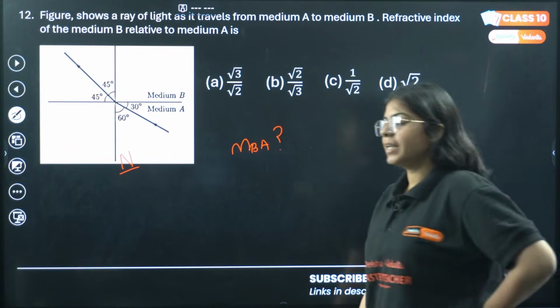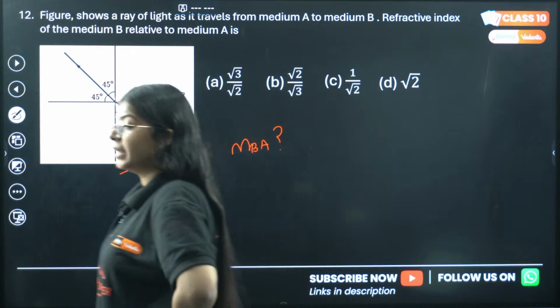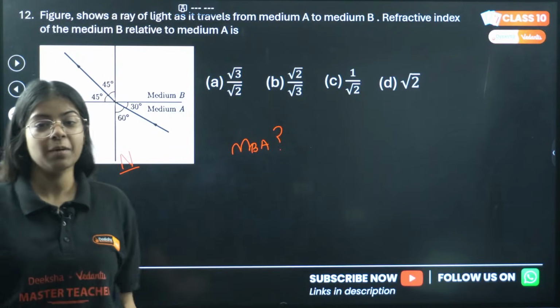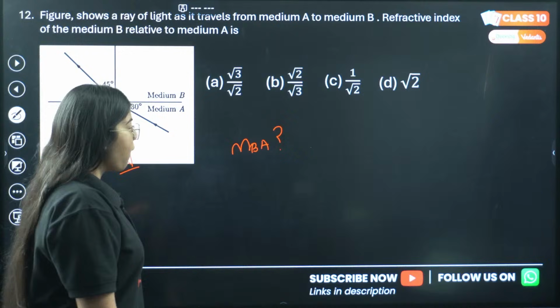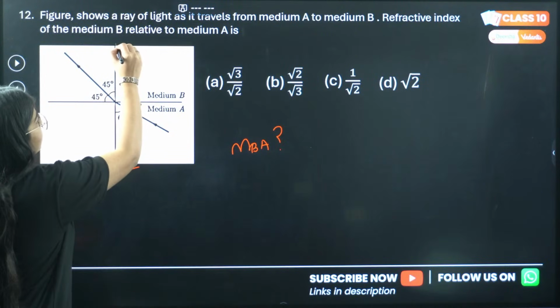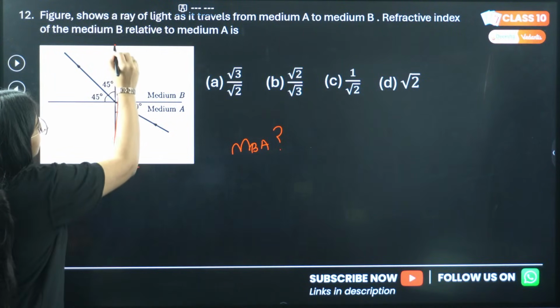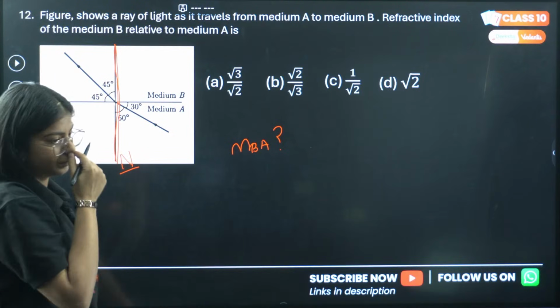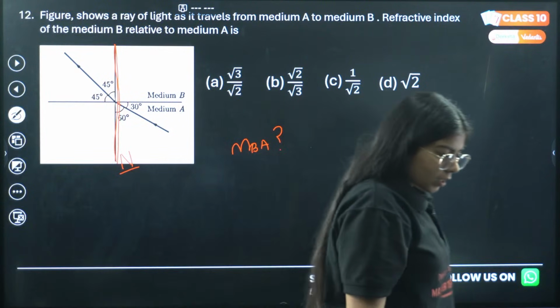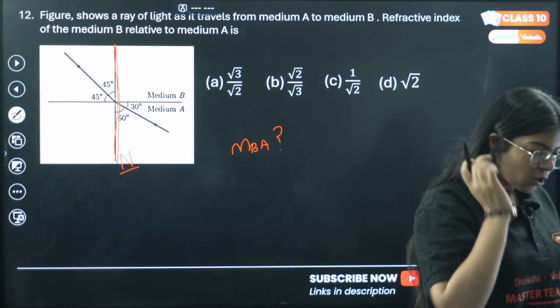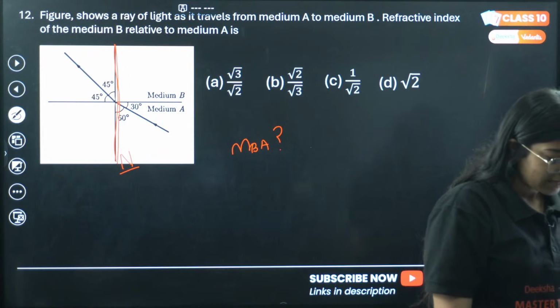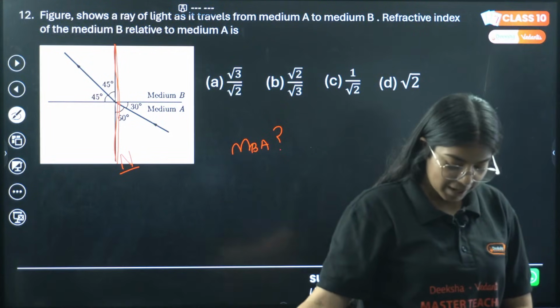What is the refractive index of medium B with respect to medium A? This is the normal, this one. Dipanshu is saying option A. Trev is also saying option A, root 3 by root 2.